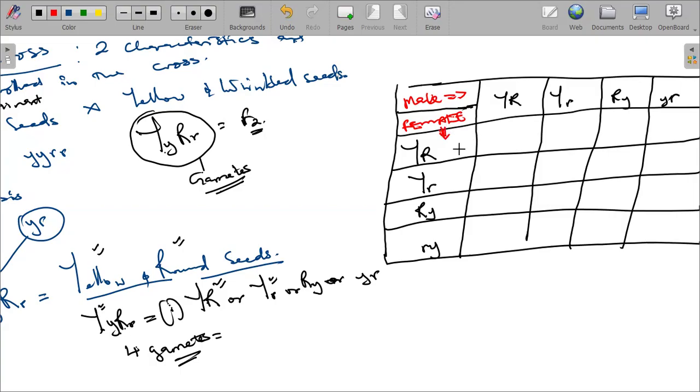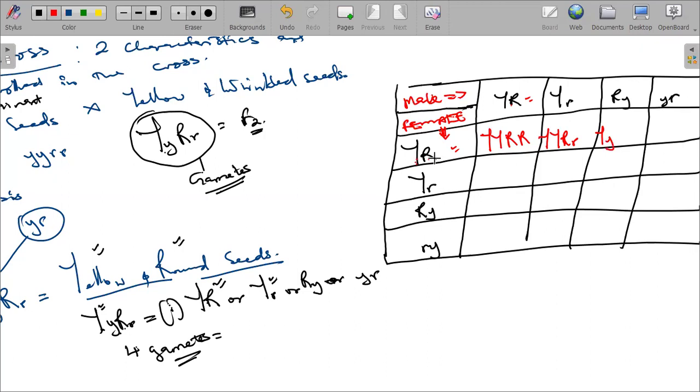When we are crossing them, class, you just take whatever is in this box versus whatever is in the next box. So this is Y, and then this is Y, this is R, and that is R. I'm taking everything which is in each of the boxes. I'm taking this capital letter Y, dominant Y, and small y there.